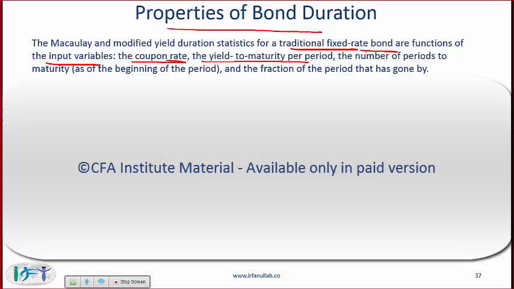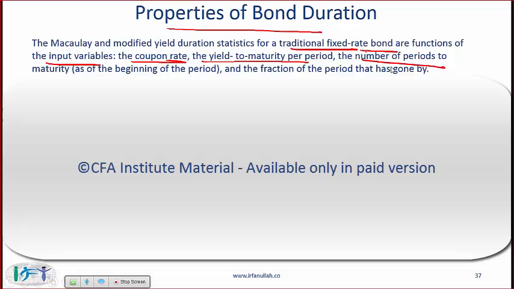So at low YTM, the sensitivity is more. So the way we can put it is, if the yield is low, then the duration, which is the slope or the sensitivity, is high. So that's the second point.